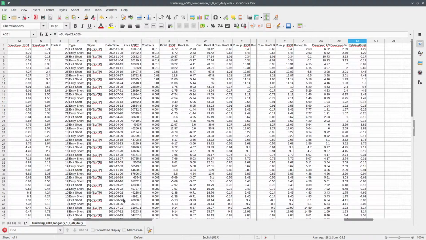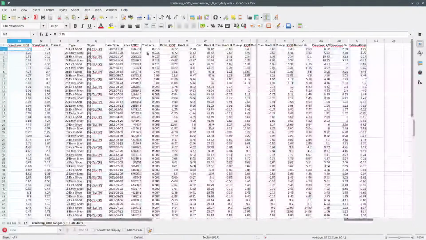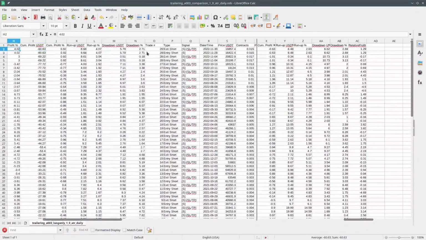So I'm not sure if this is the right thing. I mean, the question is, are we doing so? This profit percentage, is it related to our total amount, or is it something else?